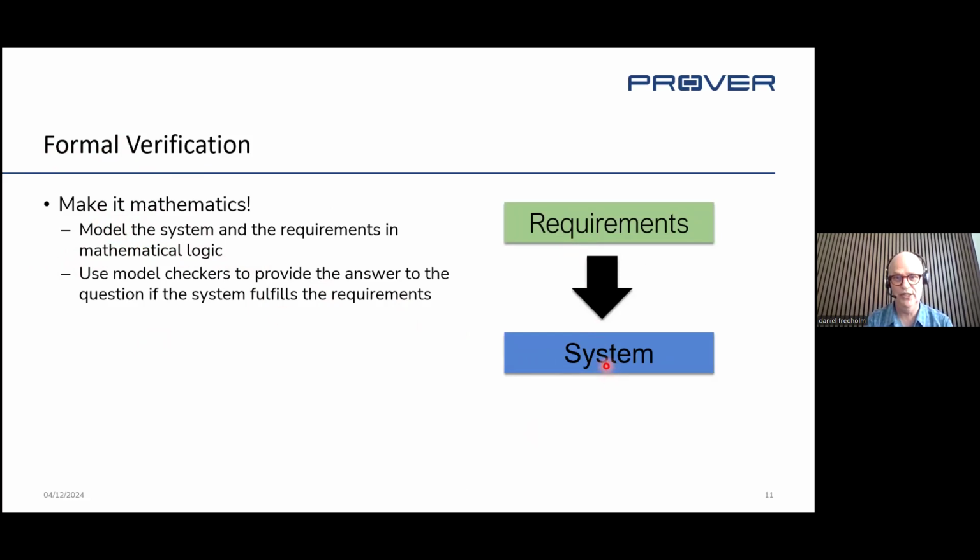We model the system and we model the requirements, both in terms of mathematical logic, and then we use dedicated software that can provide the answer whether the system fulfills those requirements, or rather the model of the system fulfills the model of the requirements.